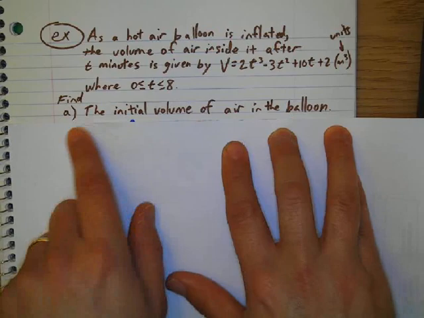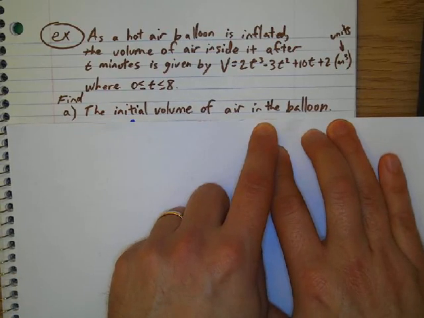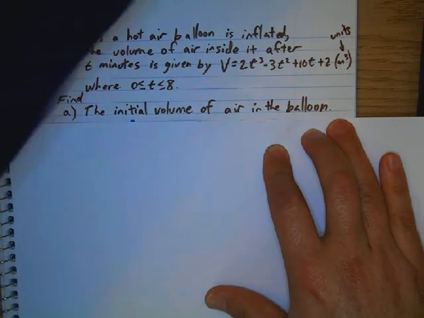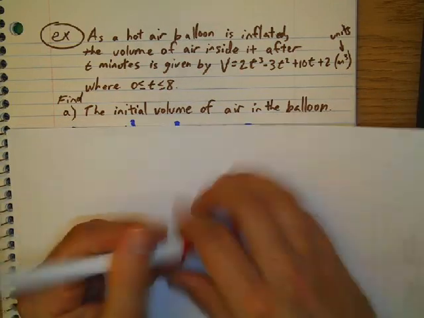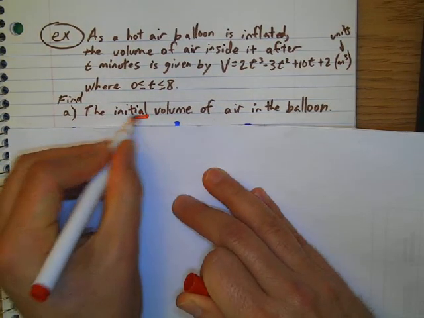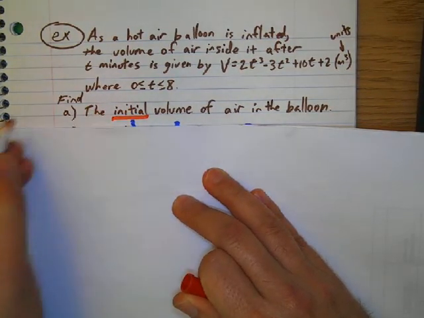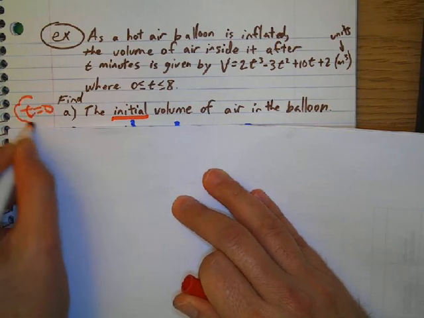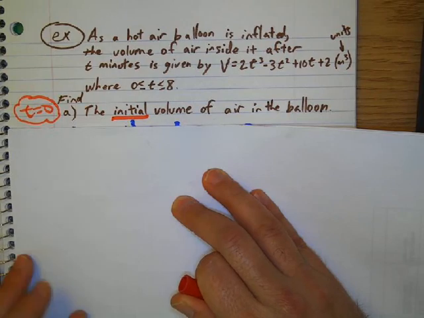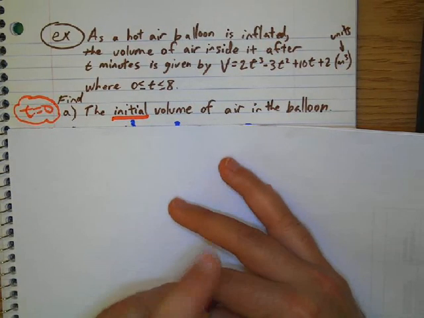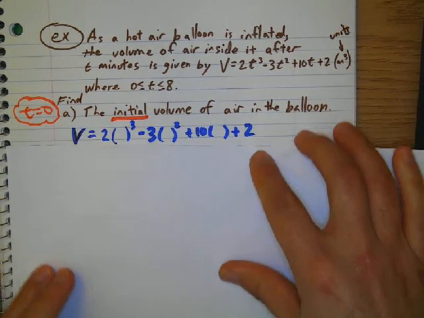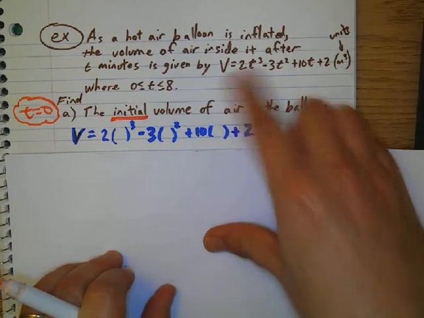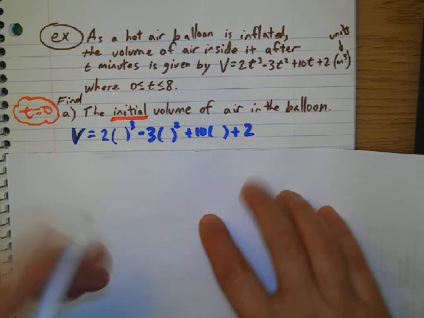So what is the initial volume of air? Whenever they use the word initial, that means we're going to have t equal to 0, okay? So whenever they ask you how is something initially, that's when time is 0. So what I'm going to do is take this equation, and instead of t, I'm going to put in 0.